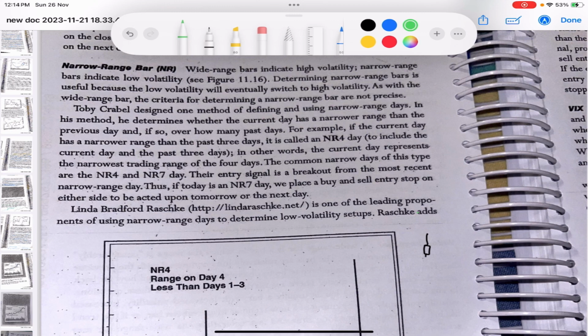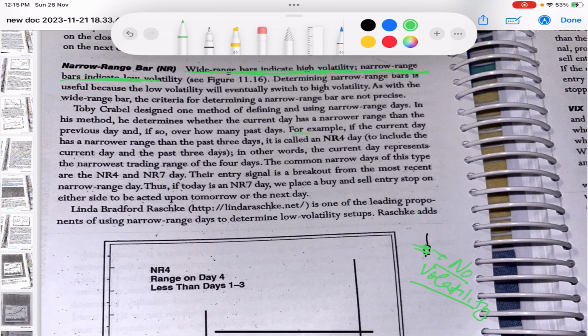In this situation, the price didn't travel much. So what does this show? This shows that there is less volatility. Very simple, obvious thing. I don't think there's anything to explain in that. So wide range bars indicate high volatility, however, narrow range bars indicate low volatility.